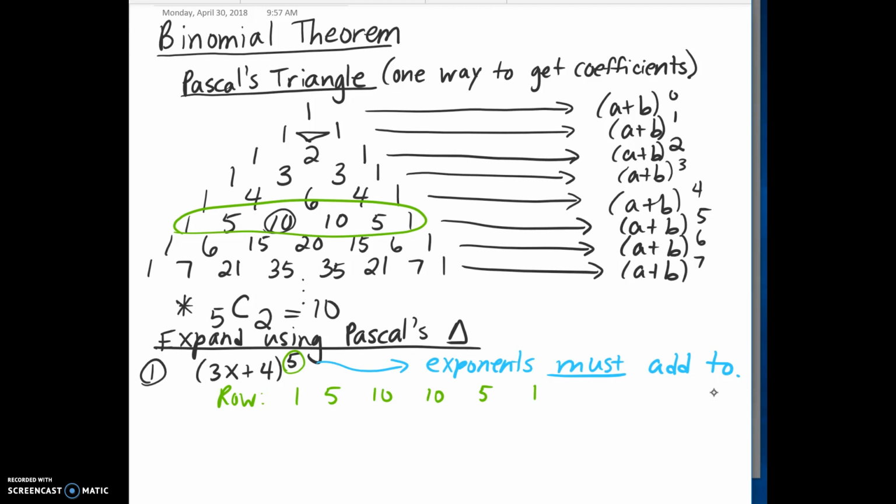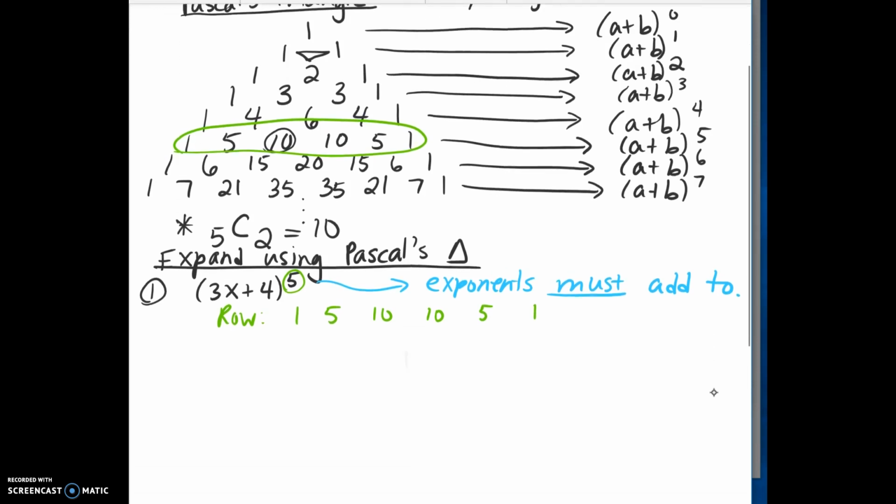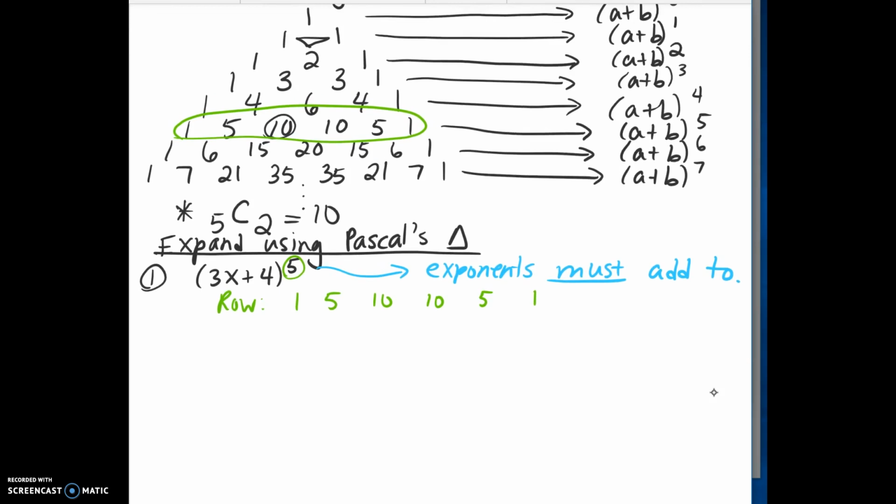Okay, so we're going to start off with our first term. We're going to use the first coefficient times 3x to the highest exponent of 5 times 4 to the 0, because we have 5 there. These need to add up to the 5 that we have up top.